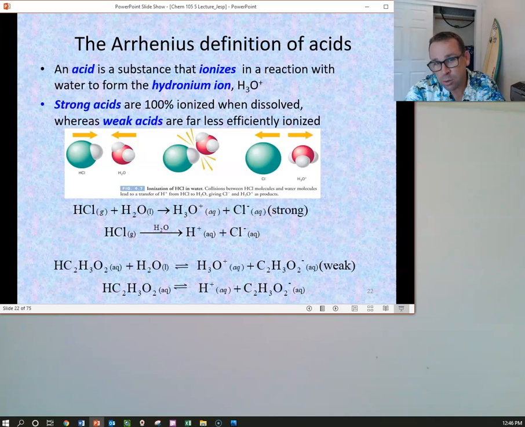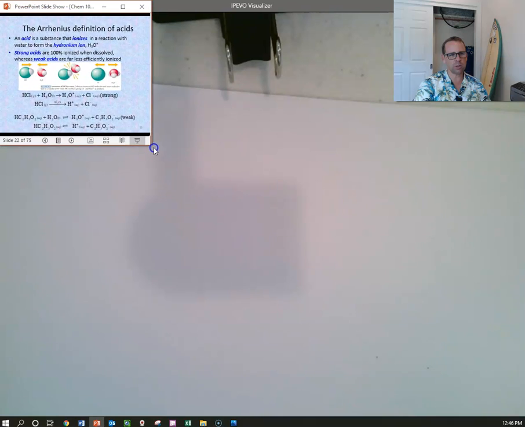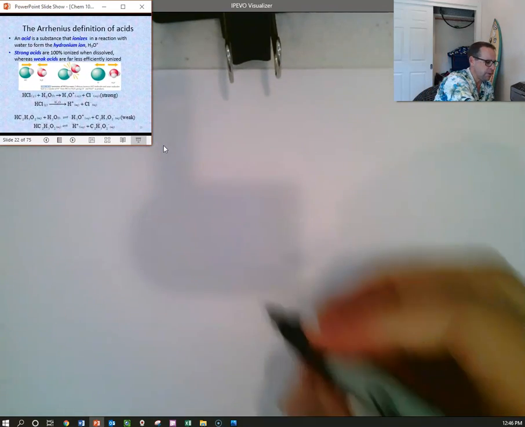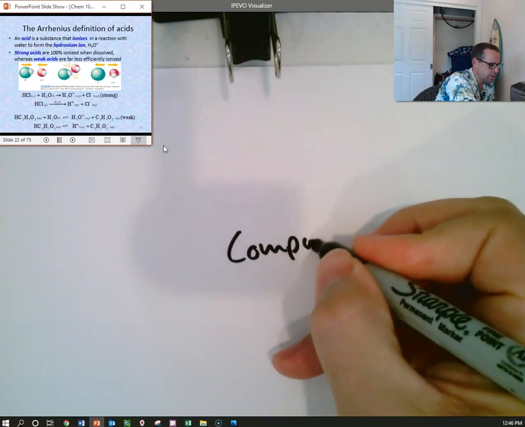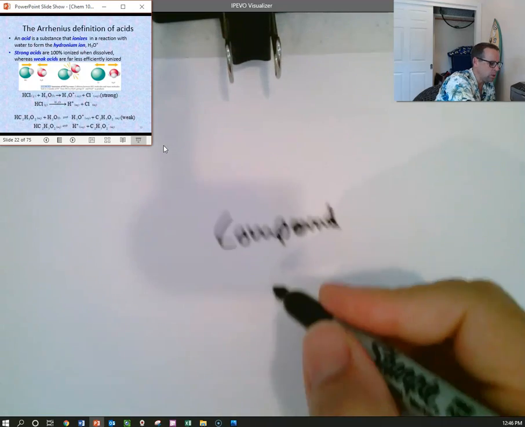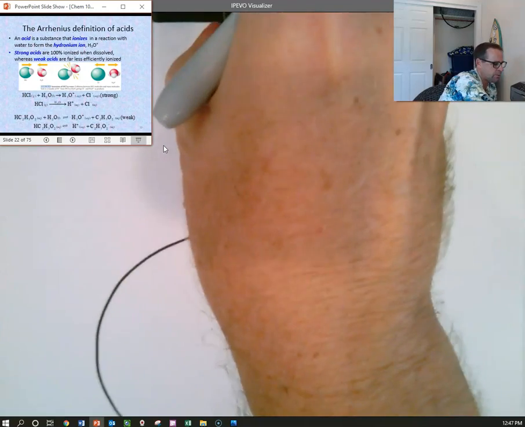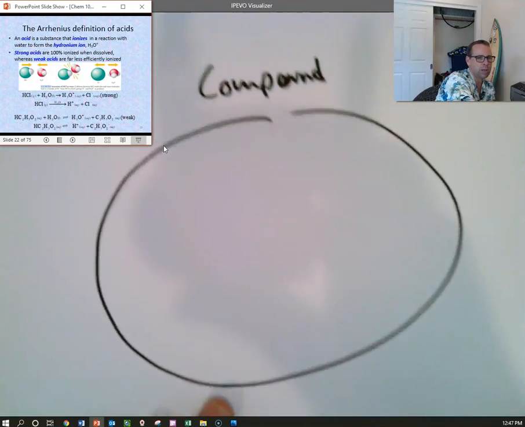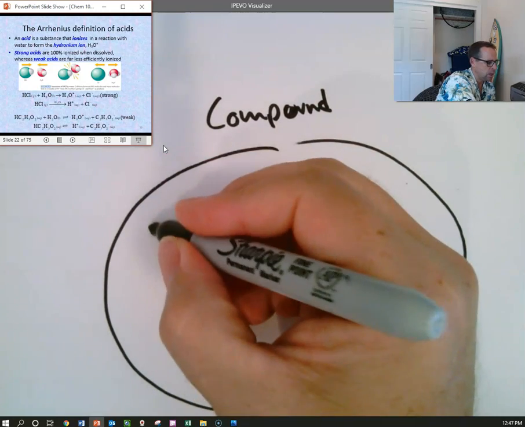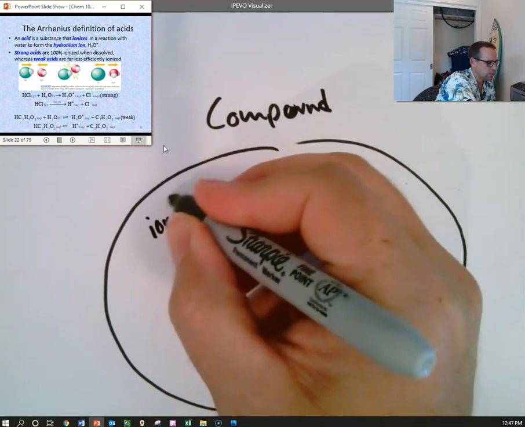Now I'm going to introduce to you a new class of compounds. It's not completely new. It's more of a subclass. And to do this, I want to remind you of what we've learned so far. If this circle encircled all of the different kinds of compounds that we've talked about so far, we would have in this circle ionic compounds, right?